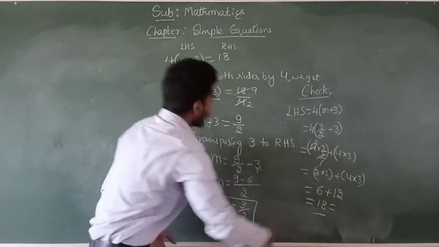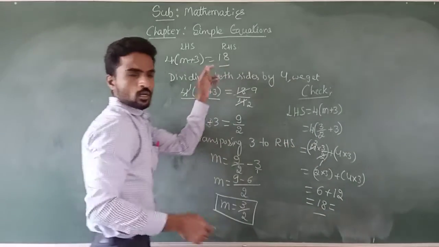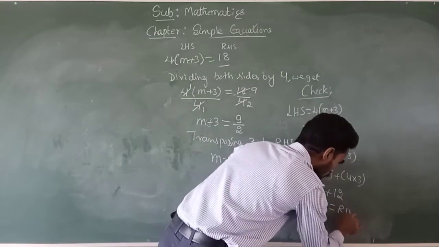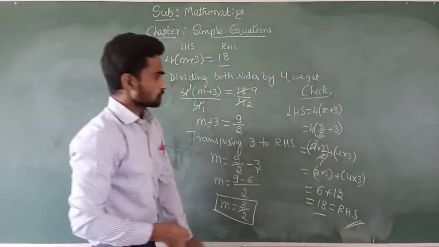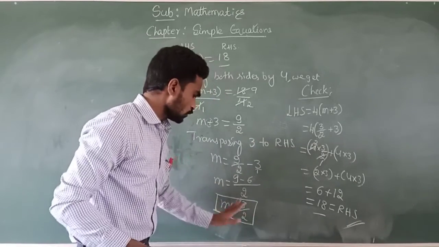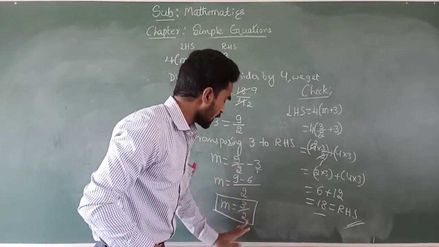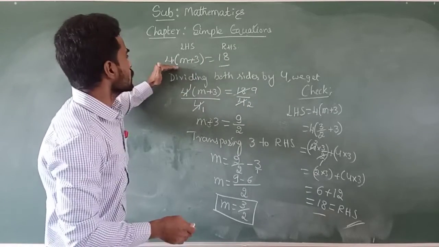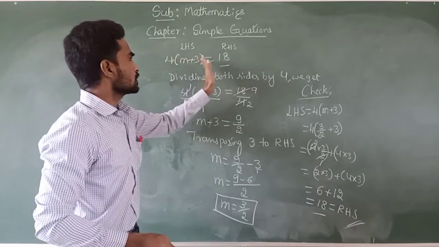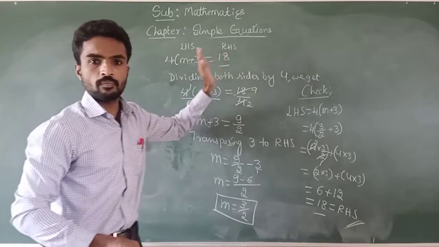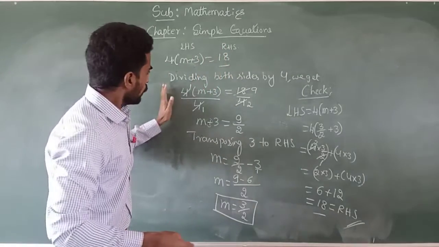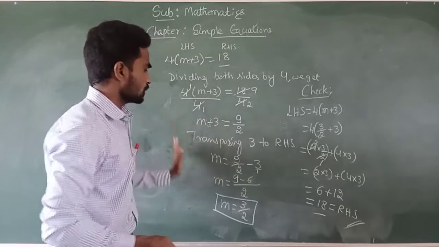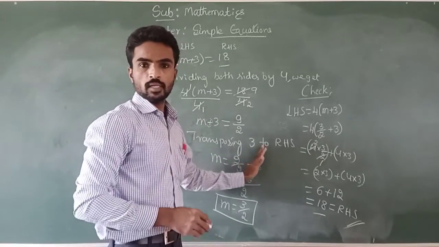Observe this 18 and the RHS side of the equation, both are the same. Therefore LHS is equal to RHS. Therefore m is equal to 3 by 2 is the solution for the equation 4 into m plus 3 is equal to 18. This is the way to find the solution of the equation by the transposing method.